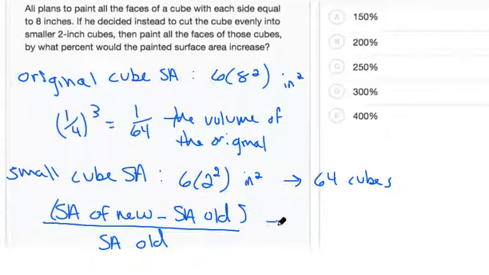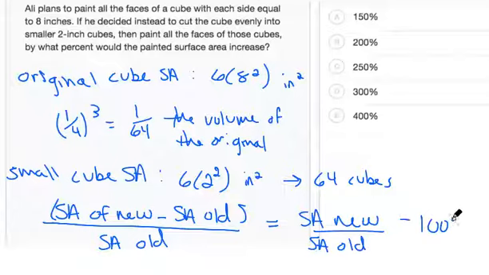And that should equal the surface area of the new divided by the surface area of the old minus 100%. And that will give us our percentage increasing.